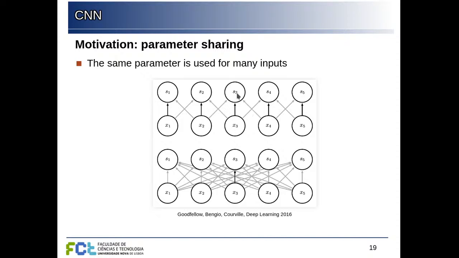But if we are using a convolutional network, since the kernel is the same, the weight that connects this input to this neuron is the same as the weight that connects this input to this neuron, and so on, because we are in effect sliding the same kernel over the inputs to produce all the outputs. So it's always the same weight in this diagonal here, it's always the same weight in this diagonal here, and so on. So we are sharing these parameters.